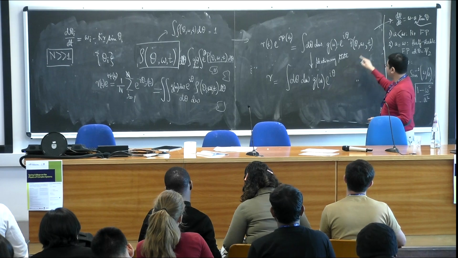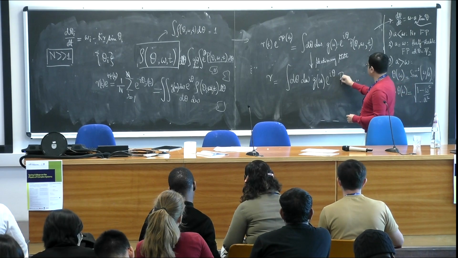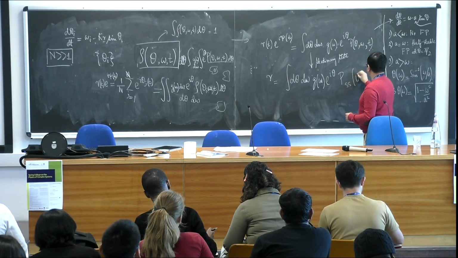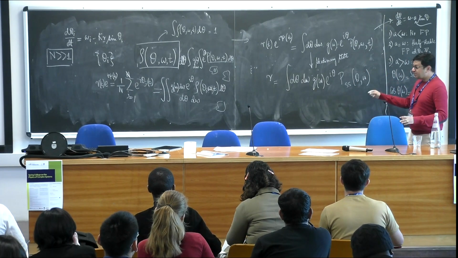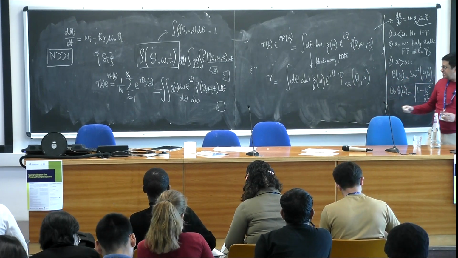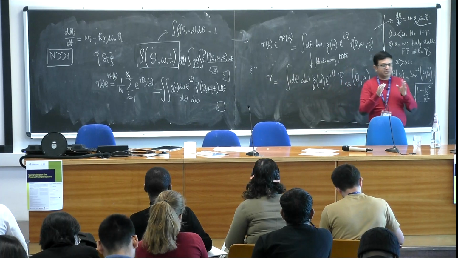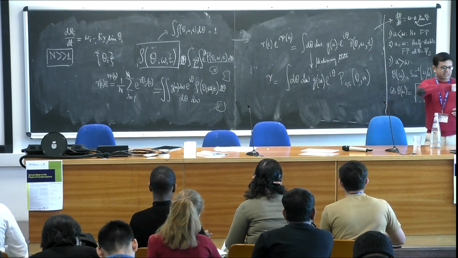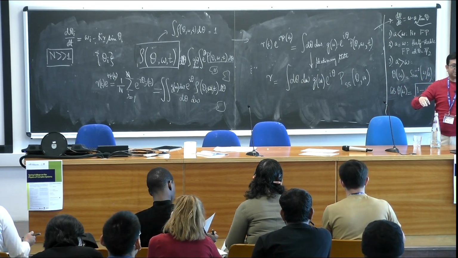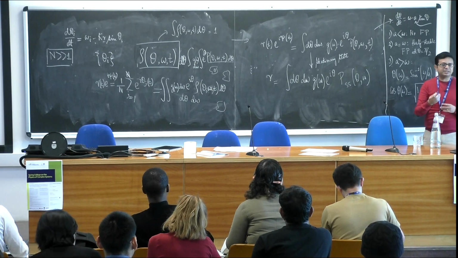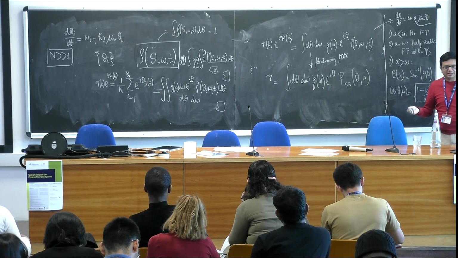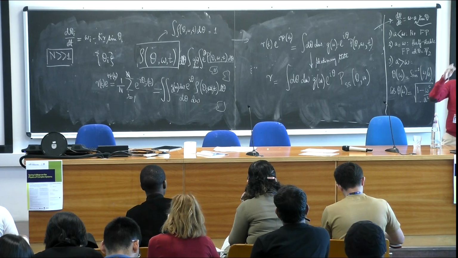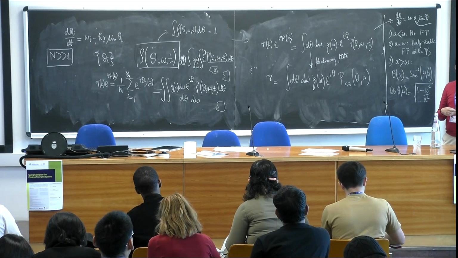But then this one has to be replaced by the corresponding stationary distribution. Why? Because the stationary state is one in which r doesn't change, the sum doesn't change, which is to say that the histogram that you construct out of the thetas doesn't change its form. Yeah, that is what you do in equilibrium statistical mechanics also, no? P equilibrium theta proportional to e to the minus beta V theta.